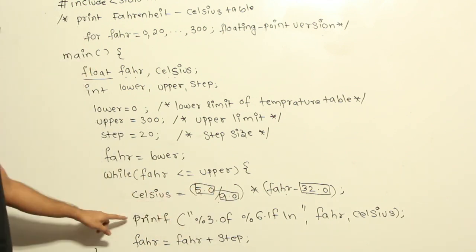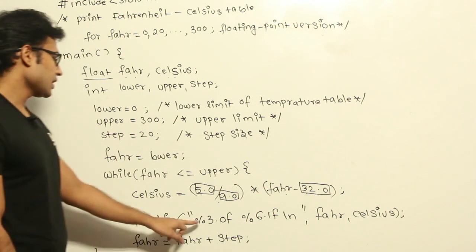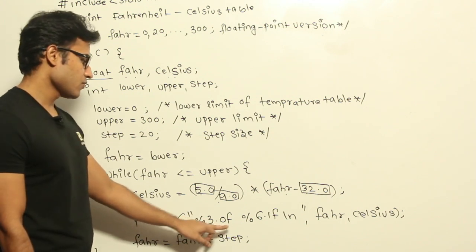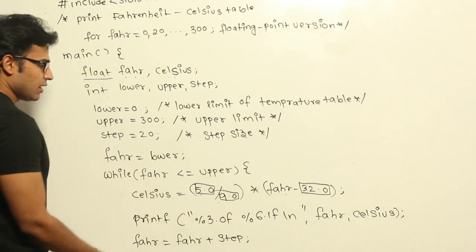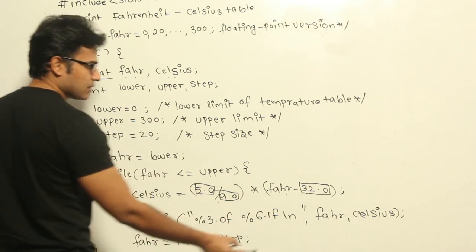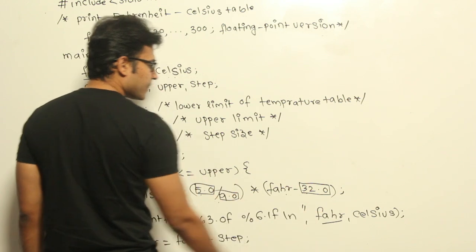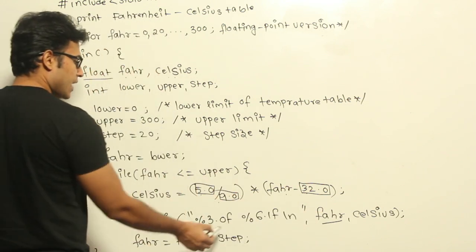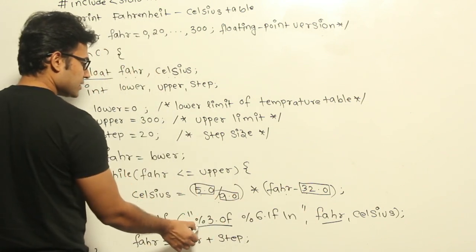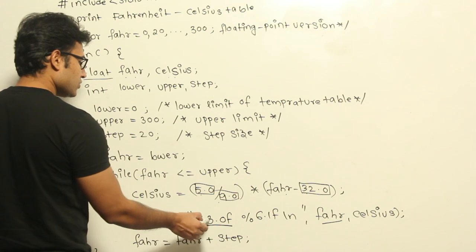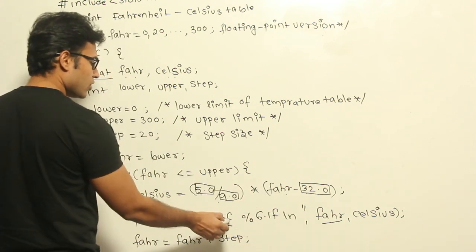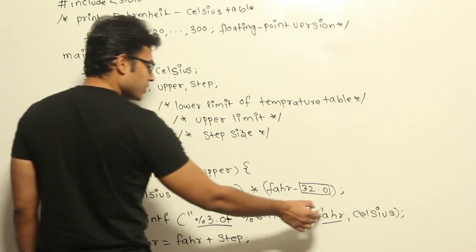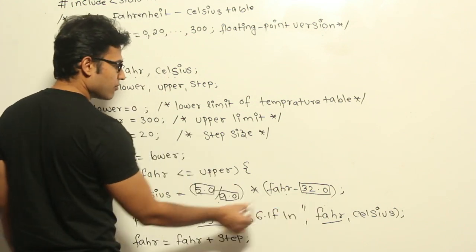Now if you see this, finally it is going to be printed as %3.0f and %6.1f. It means that the value present in the Fahrenheit variable, FAHR, has to be taken as a floating point number only, because the variable itself is a floating point number, therefore it has to match up.